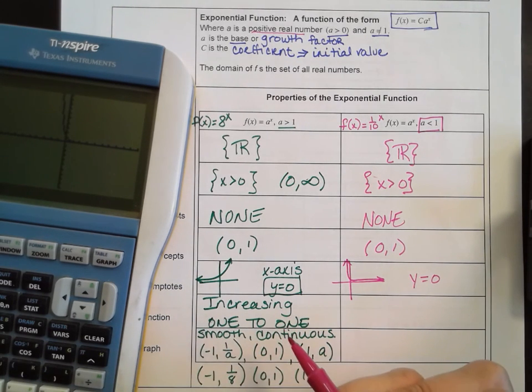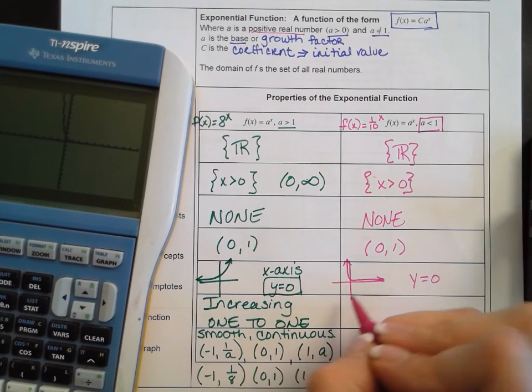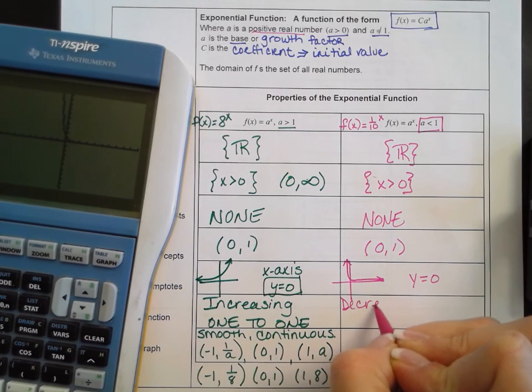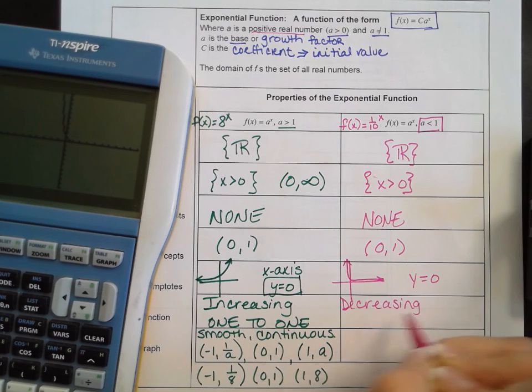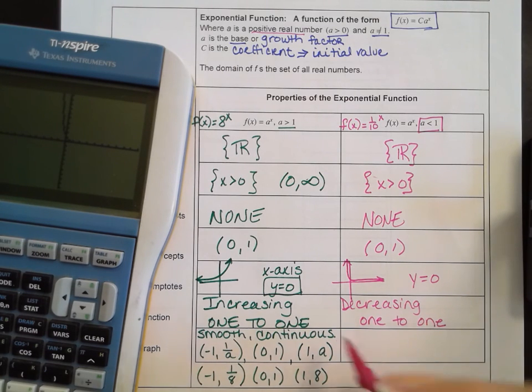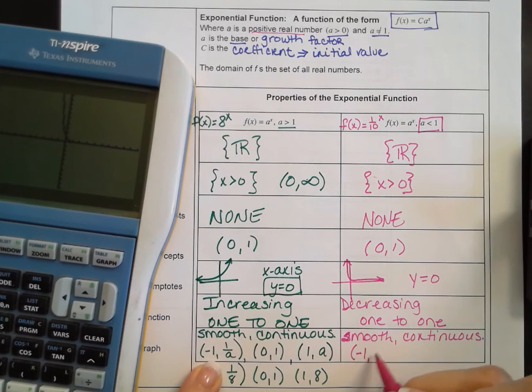Am I increasing? No, this one is where it's different. I'm decreasing, but it's still one-to-one. It's still smooth and continuous, and it still is going to hit all 3 of these points.